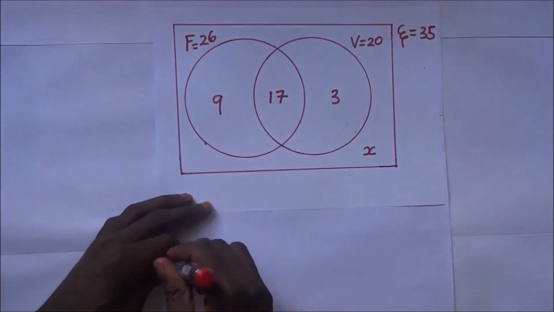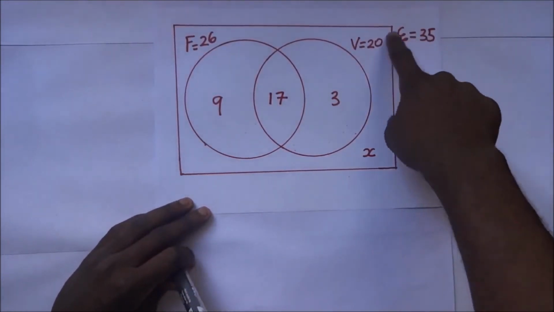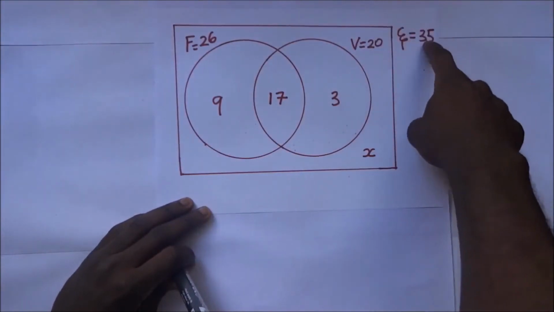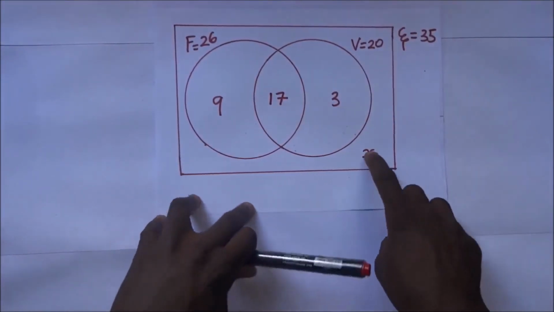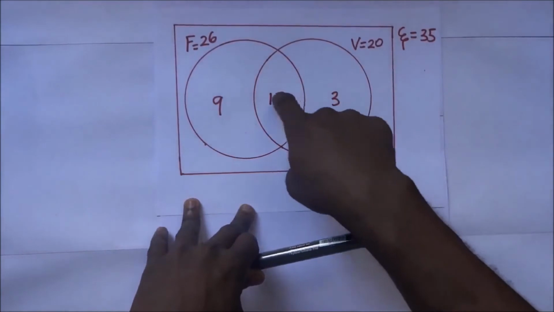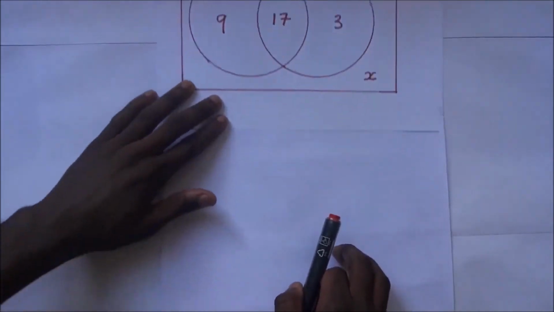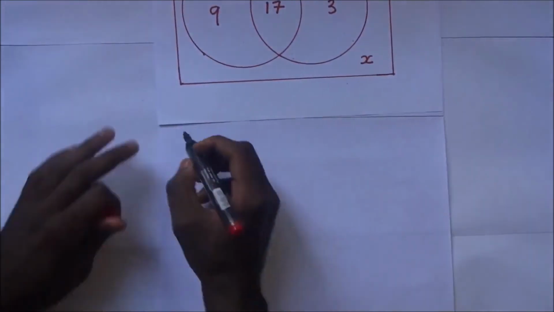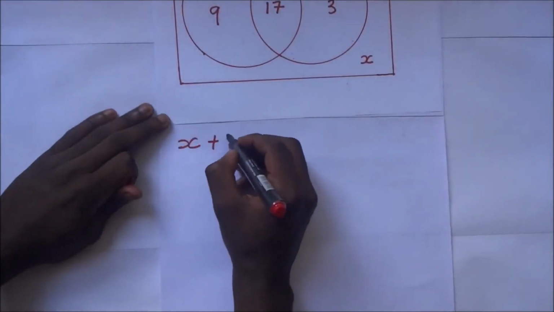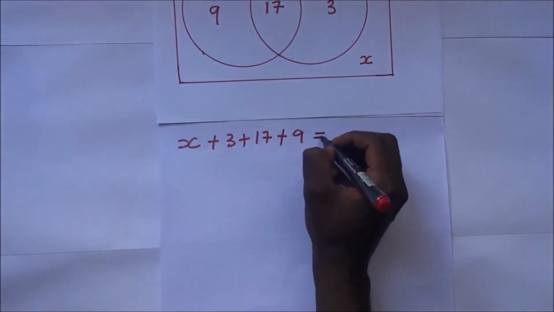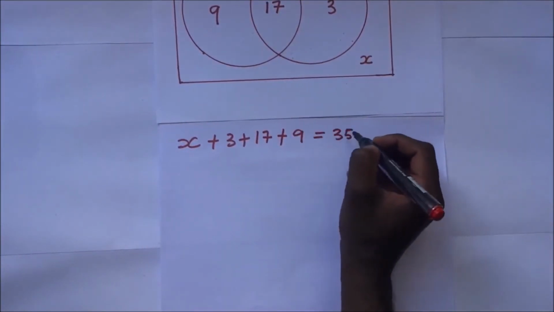To find the value of x, it means this 35, we write it outside here, meaning that everything that is inside here should equal 35. So to get the value of x is x plus 3 plus 17 plus 9 should be equal to 35. And that's how we're going to get the value of x. So x plus 3 plus 17 plus 9 should give us 35.